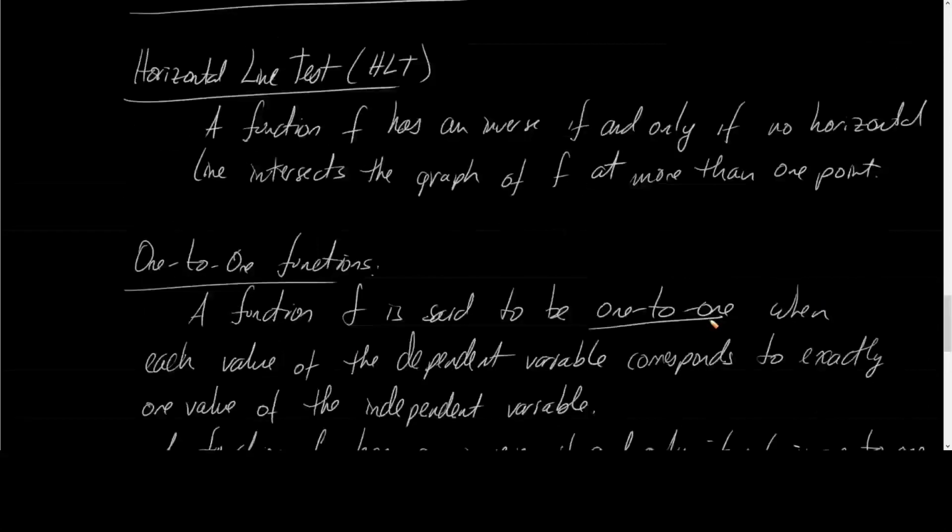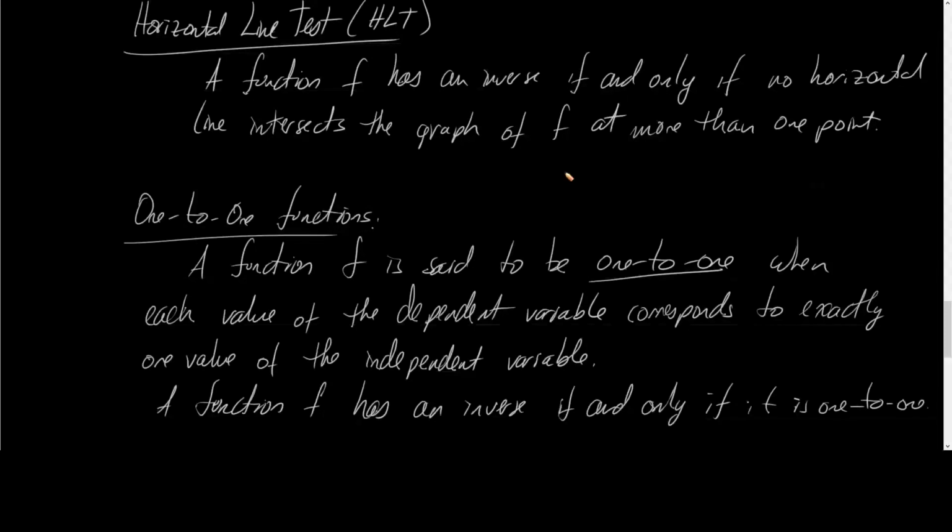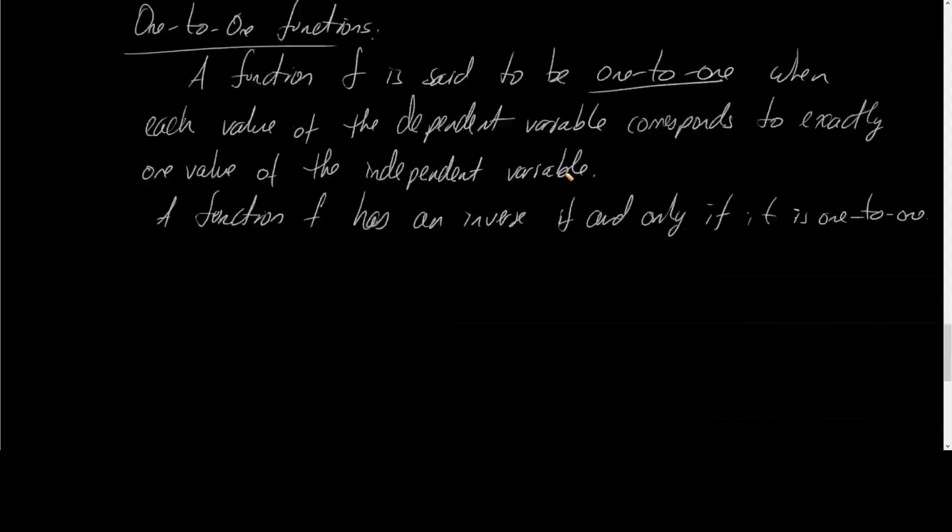Now, up here, we said that a function has an inverse if and only if no horizontal line intersects the graph of f at more than one point. So, combining these two statements, what we're really saying is that a function is one-to-one if and only if it passes the horizontal line test. Also, if it passes the horizontal line test, it is one-to-one, right? And if it happens to pass a horizontal line test, then it would have an inverse.